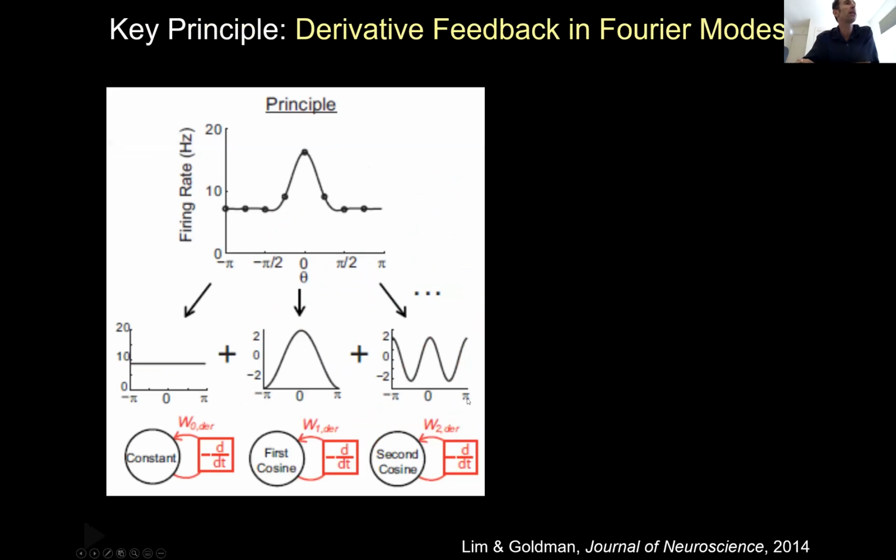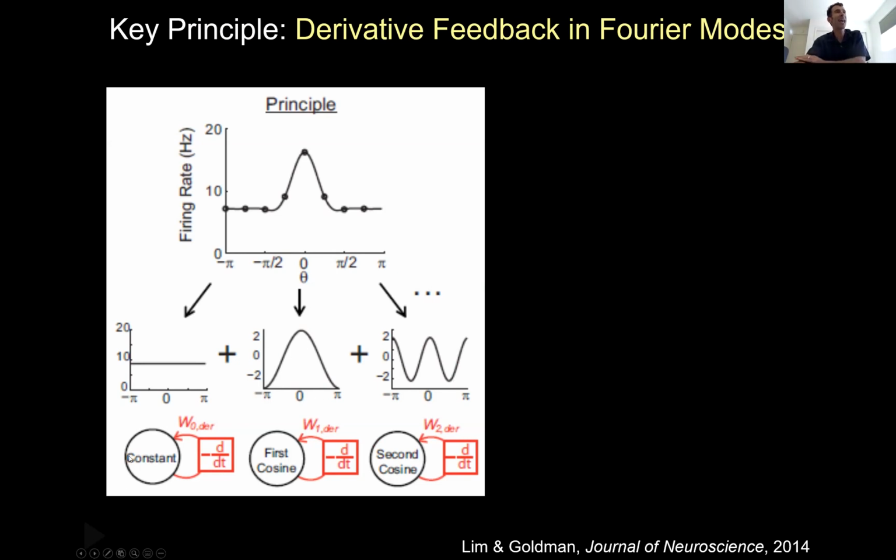Well, the key principle is to use Fourier analysis. If you see a firing rate pattern that's sustained like the following one, you could break it into its Fourier components. There's a DC component, a first cosine component, a second cosine component.